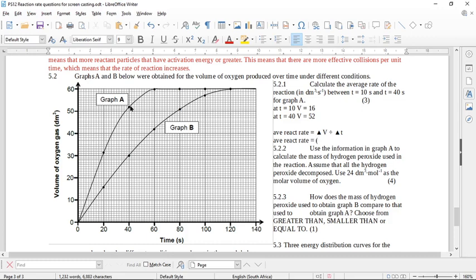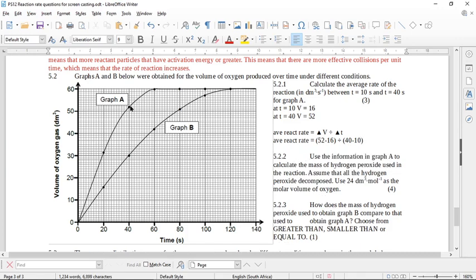Final minus initial, am I right? 52 minus 16 over the change in time. Make sure you show this, don't do mental arithmetic and say over 30. Show that you've worked out the difference in time. Make sure you set this out as a fraction.